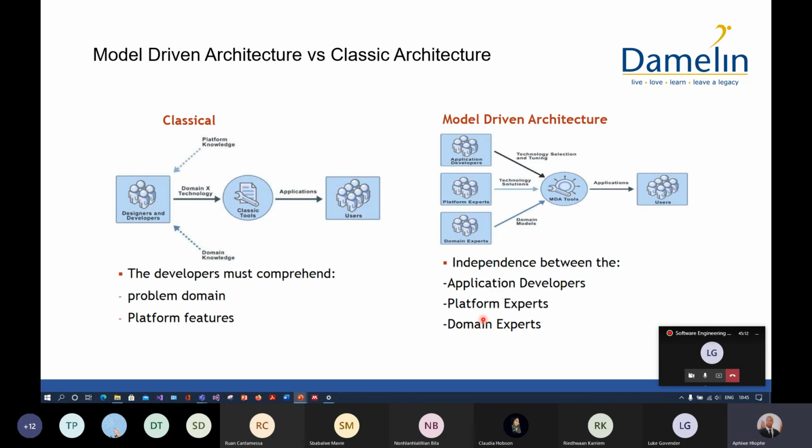If you see here, it shows some of the benefits of using model-driven architecture as opposed to the classical way of how things were done. Now in the classical method, the people working on the project have to be experts of everything.